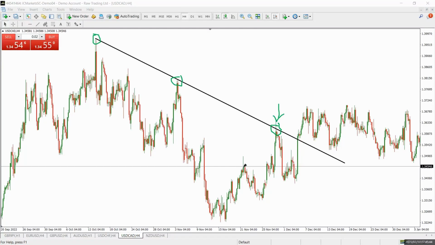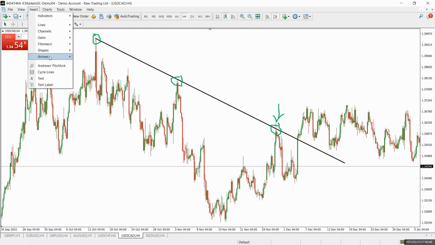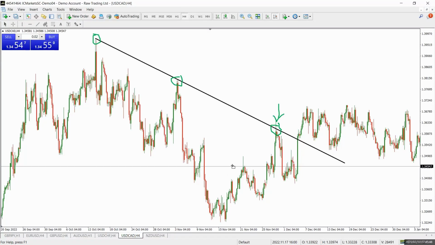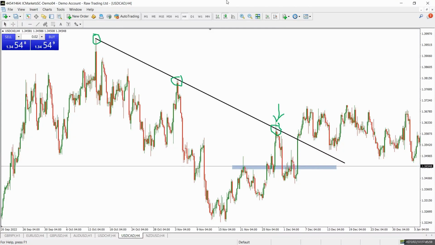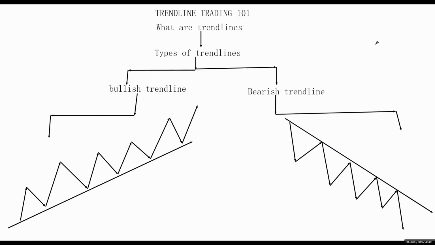And if you had sold your trade right here and you had taken your take profit at the previous area of resistance right here, you could have equally secured some very nice 142 pips to the downside. So this is a clear example of how to draw a trend line. So let's get back to the whiteboard and let's see what we have next.